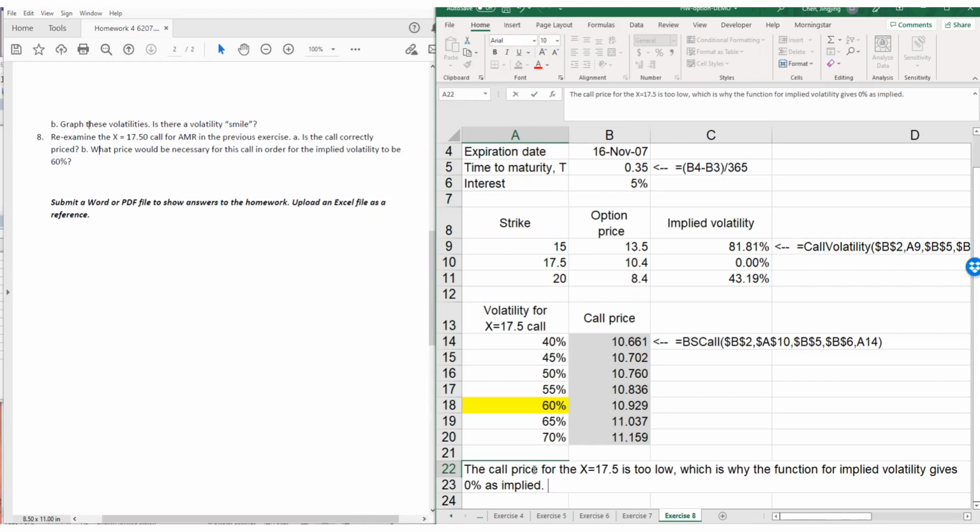And now we can also utilize the proposition for call price convexity.